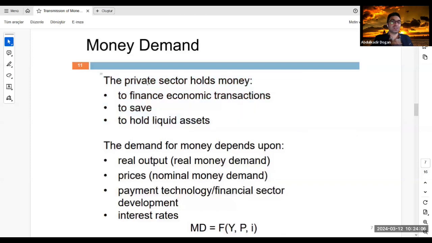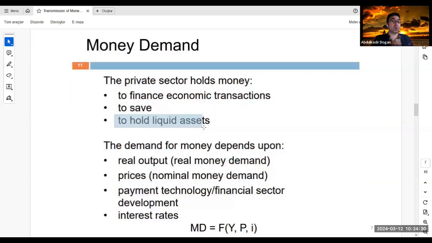The private sector holds money to finance economic transactions, because they have lots of payments and lots of receipts of money. So they should finance the economic transactions. And they should save money because they have investments in the future. They should have some savings in their pocket.